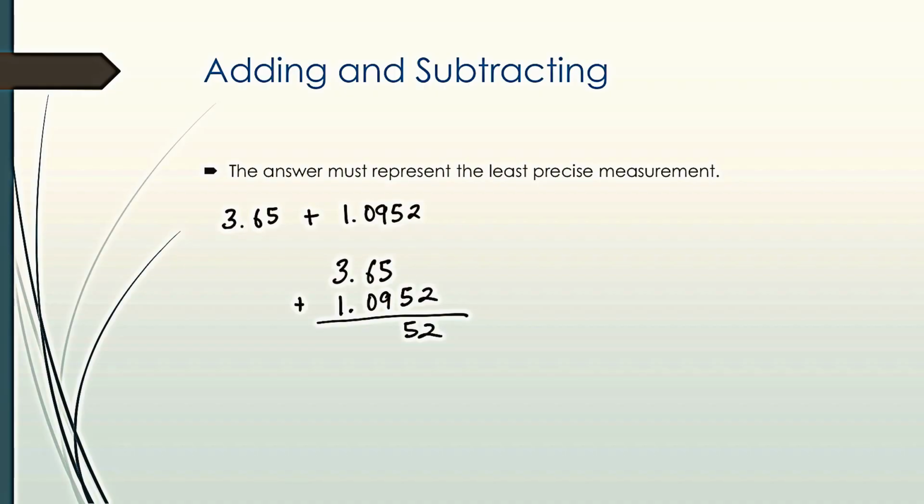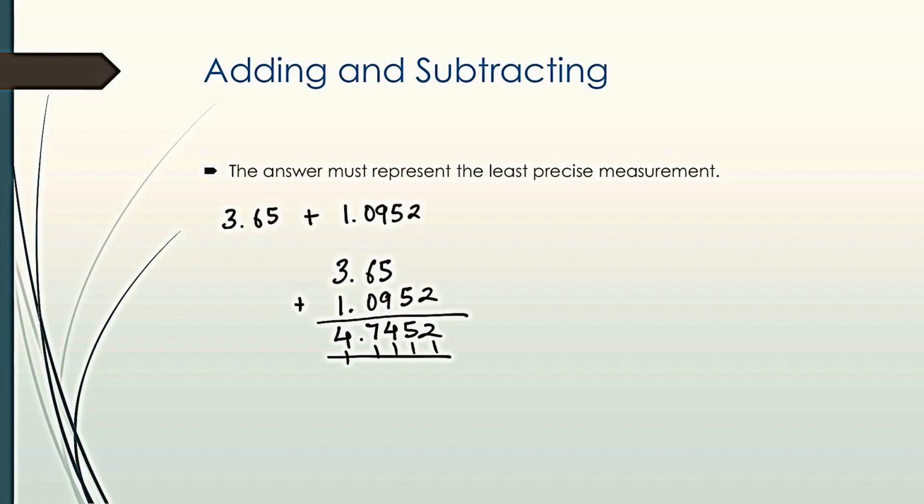And I've got 4, 7, and 4. So I got a number that has 1, 2, 3, 4, 5 significant figures.